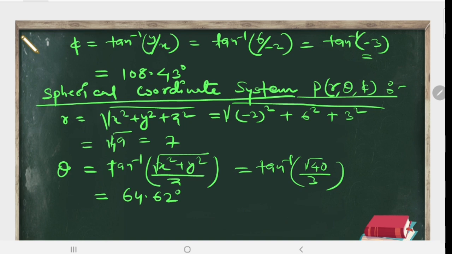After this, you have to calculate phi. Phi is the same as what we calculated in the cylindrical coordinate system. Phi is equal to tan inverse of y by x, which is 108.43 degrees.